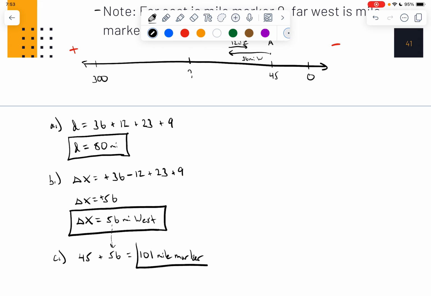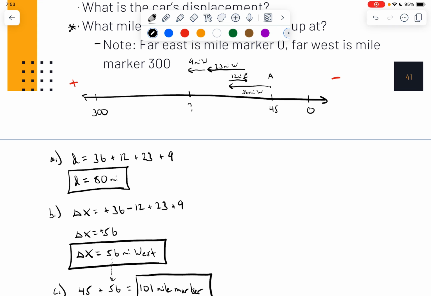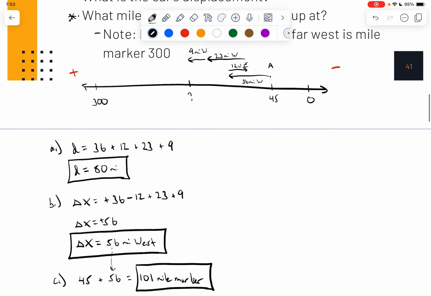So if we think about where we're moving along our number line, if we start off at the 45 mile marker, and then we add 36 to the west, subtract 12 to the east, add 23 to the west, add 9 to the west, we're going to end up at mile marker 101 as that final position.